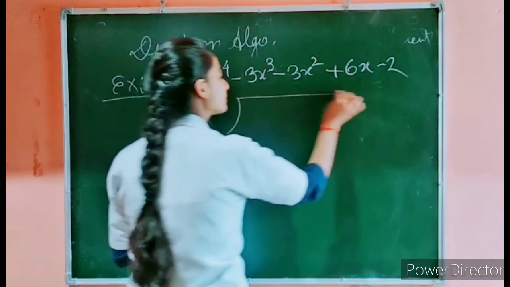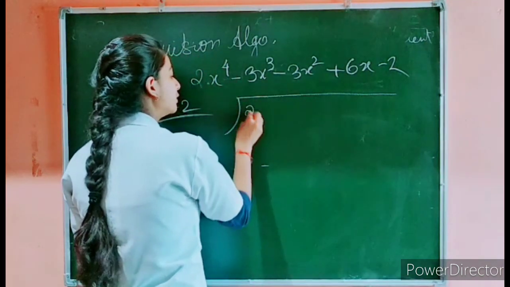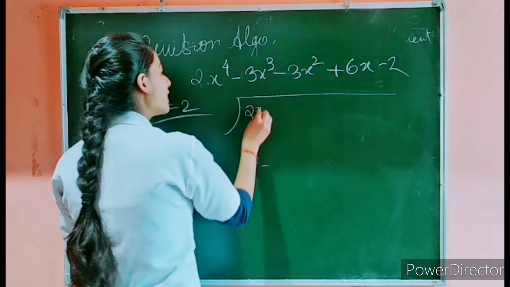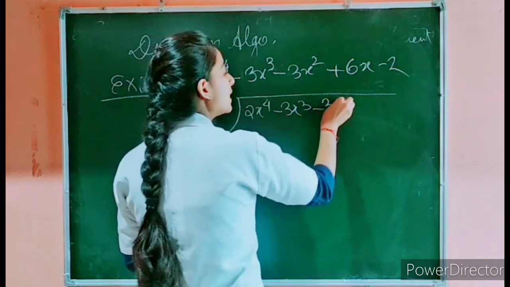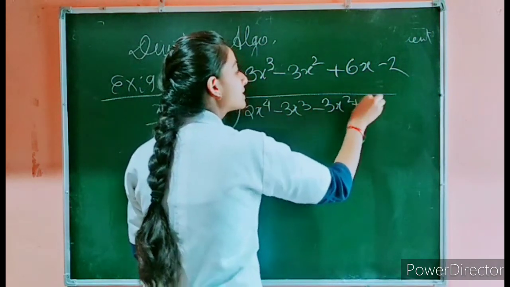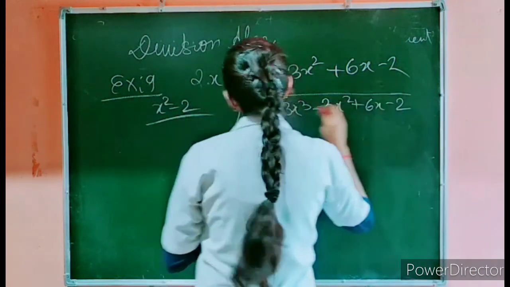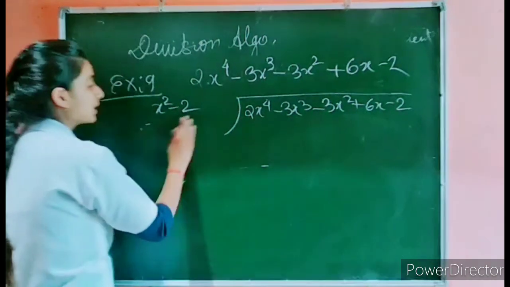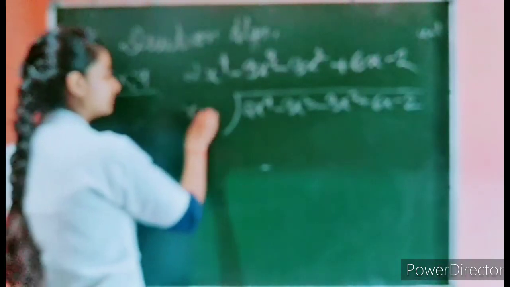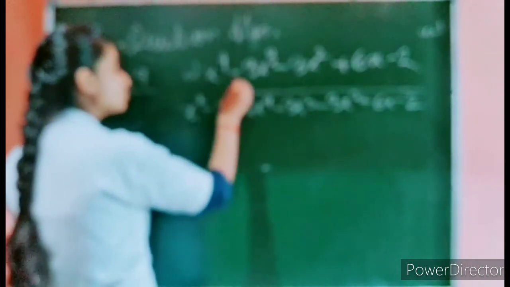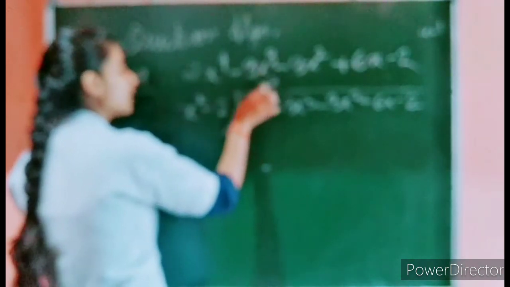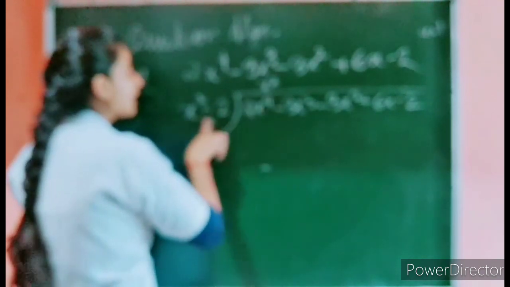So here, 2x power 4 minus 3x cube minus 3x square plus 6x minus 2 by x square minus 2. Here is x to power 4, here is x power 2. We will multiply x square into x square, x power 4. Now 2 is also there, so 2x square.